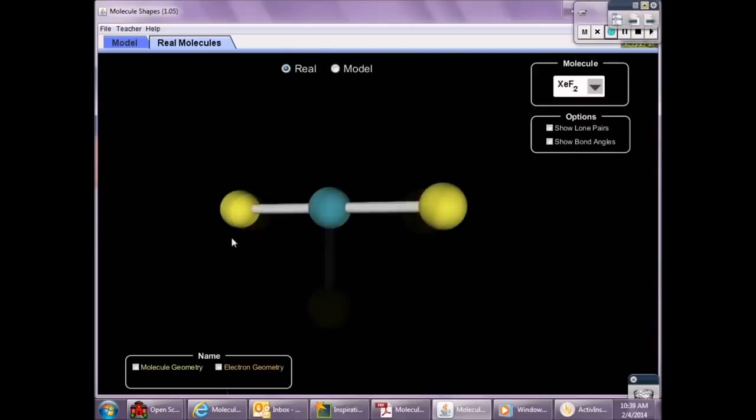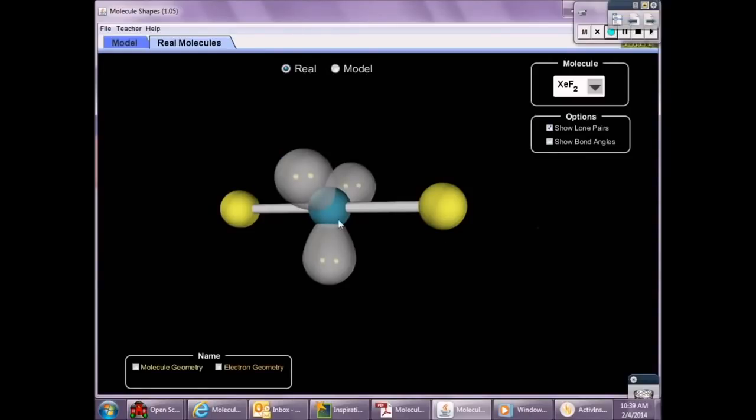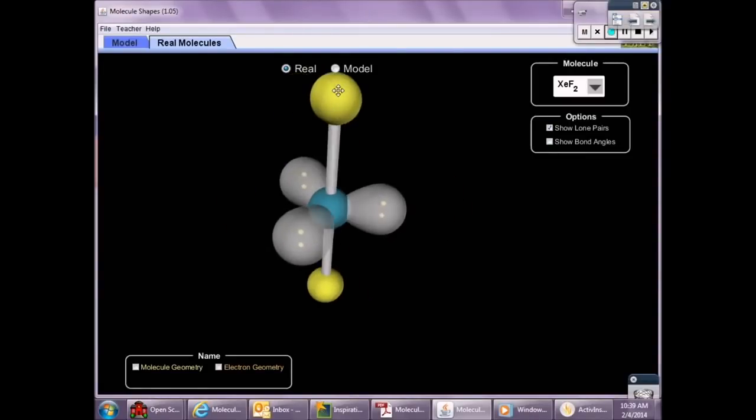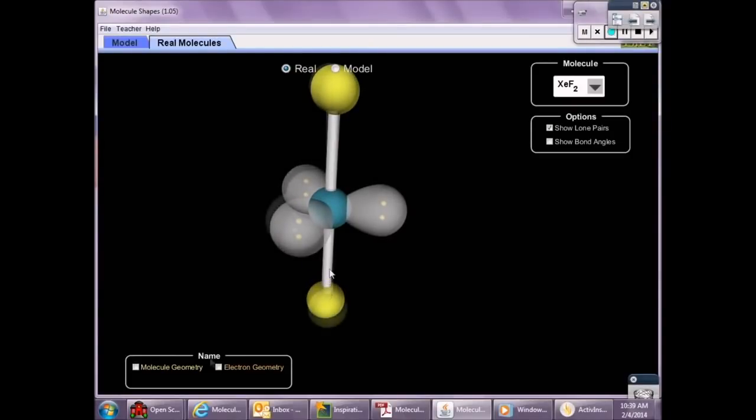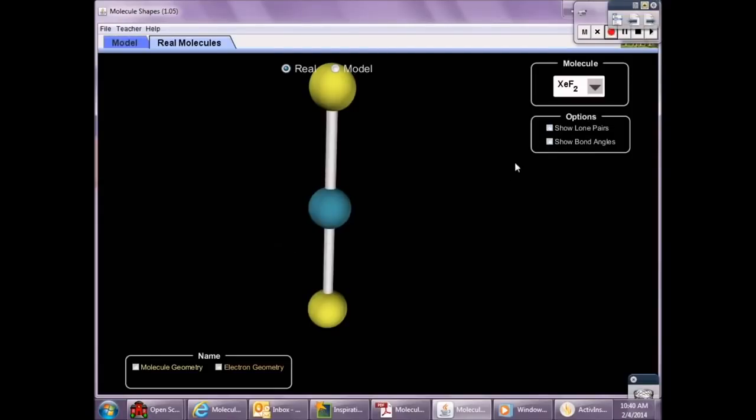Let me put the lone pairs for you to help you. What is the general formula for this one? AB2E3. Now, I'm going to take this one off to help you see the shape. What is the shape? It is linear.